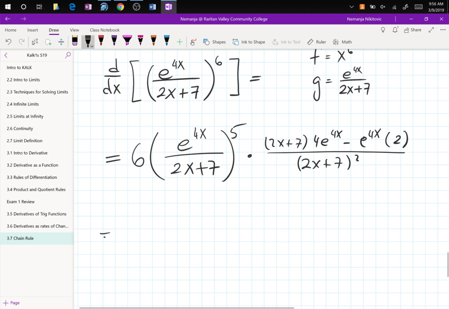Now, there is stuff that can be done here to simplify this. Remember chapter 4? We set it equal to 0 to solve this, right? So now we're going to do some algebra.